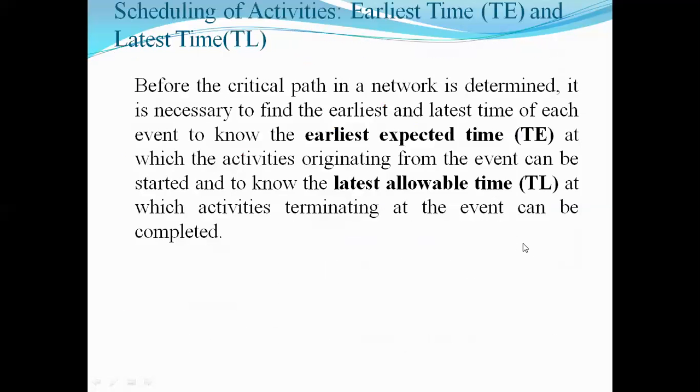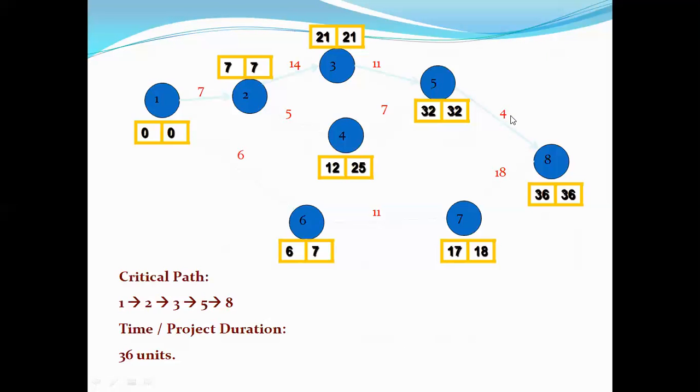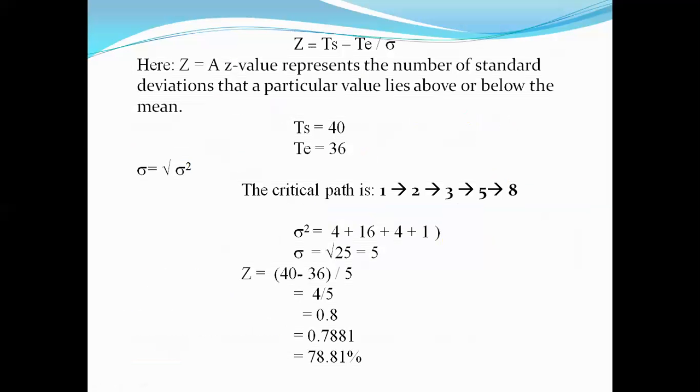Now what do we have to calculate? We have to calculate the probability that the project is completed in 40 days. So we have to write down Z. What is Z? Z is defined on the normal distribution curve. Z is equal to TS minus TE upon sigma.